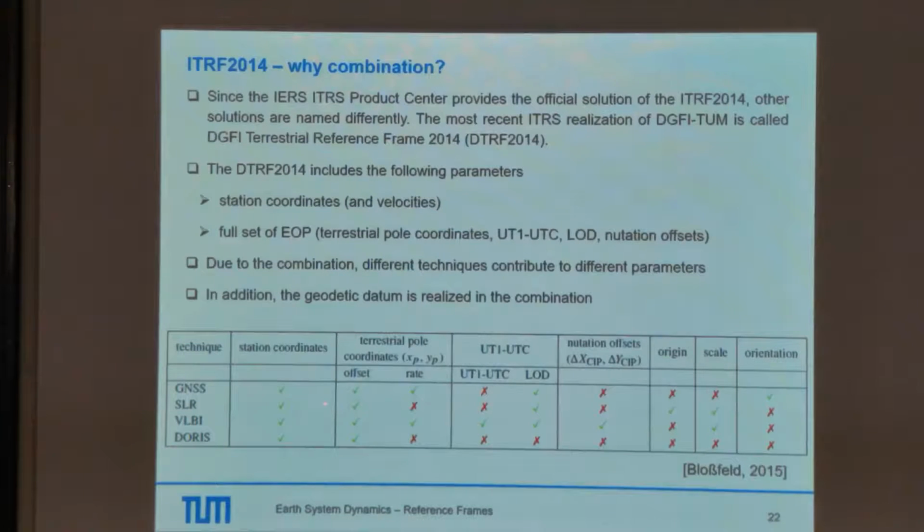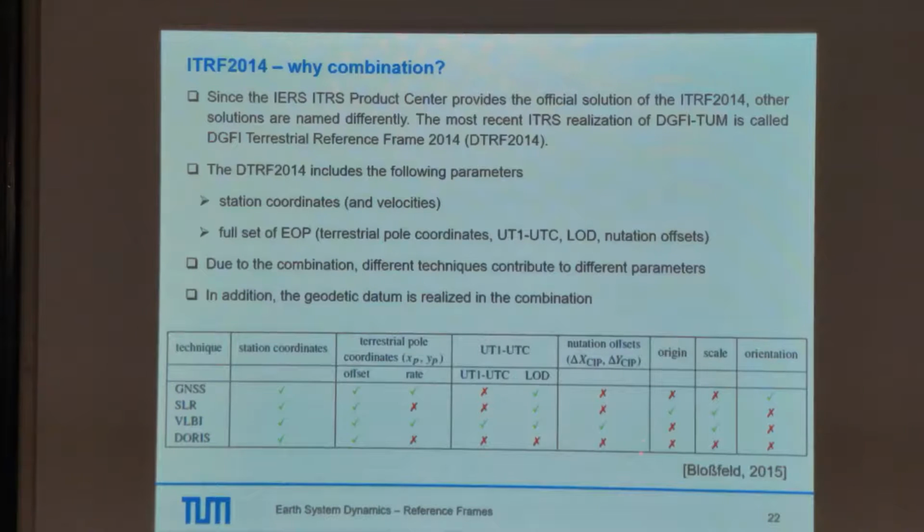VLBI is contributing to all the EOPs, whereas, for example, the terrestrial pole coordinate offsets, so the misalignment of the rotation axis and the figure axis of the TRF, all the techniques are able to determine. LOD can only be determined by SLR, GNSS, and VLBI, and so on.